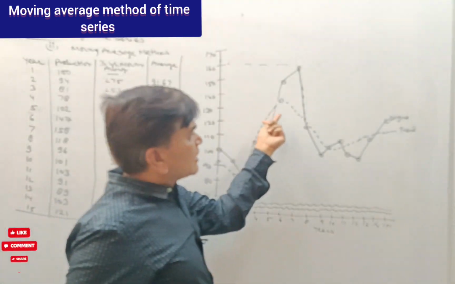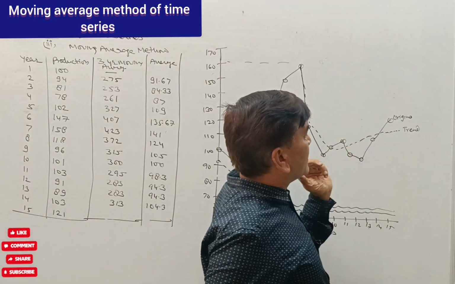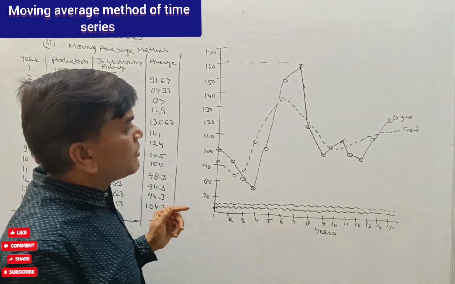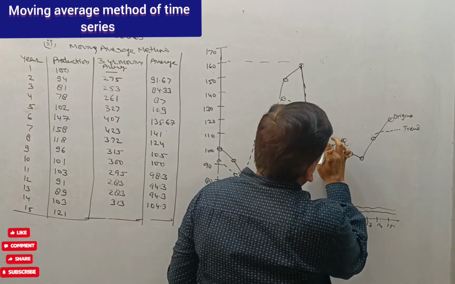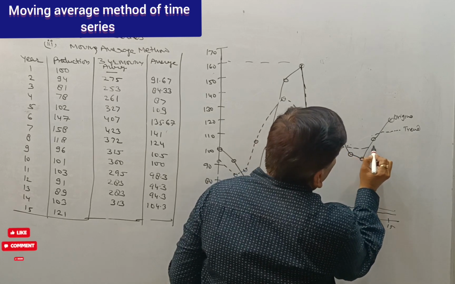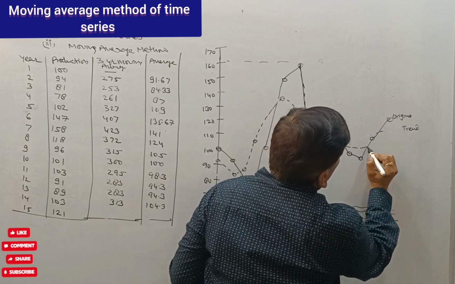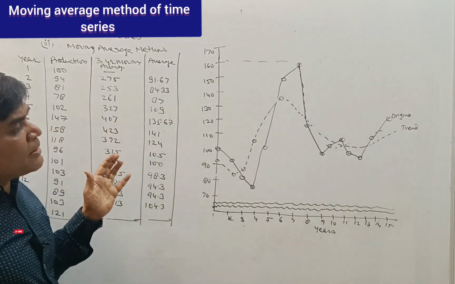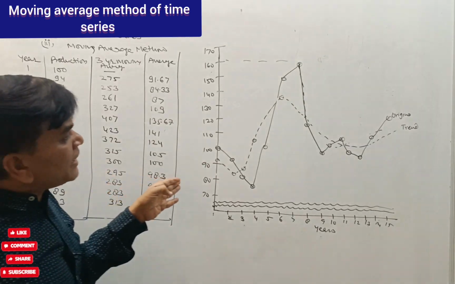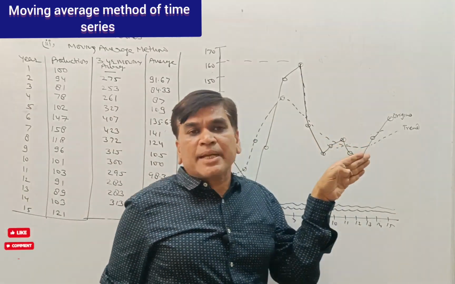So this is the trend line. The trend line may also be in this form, increasing here, and the last one may be increasing. So when you plot on graph paper, you will certainly get the correct trend line.